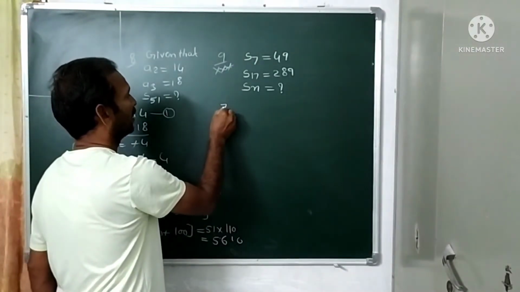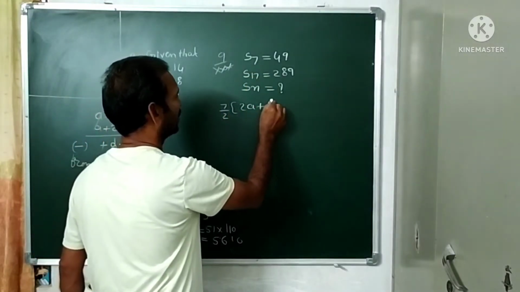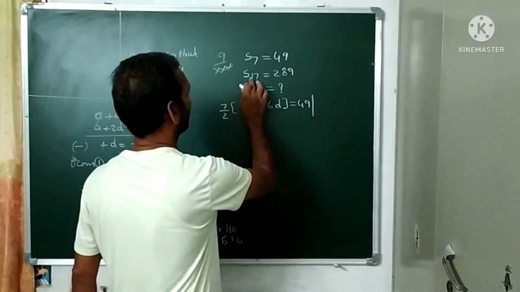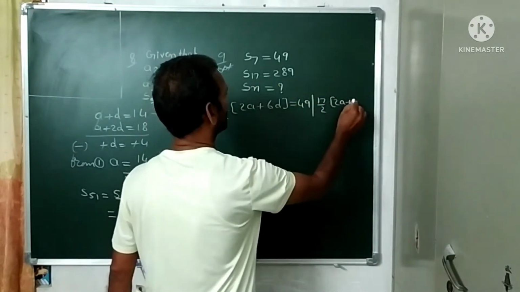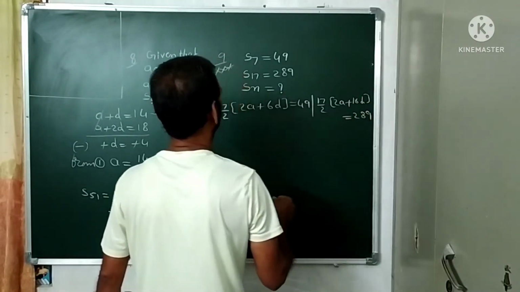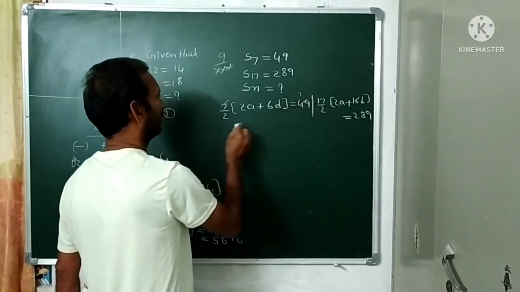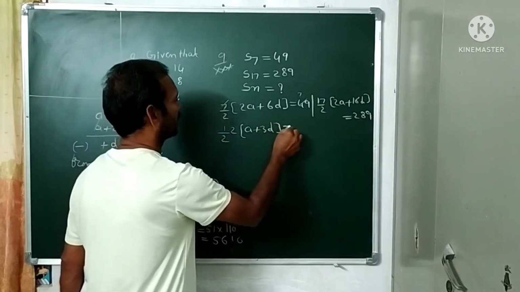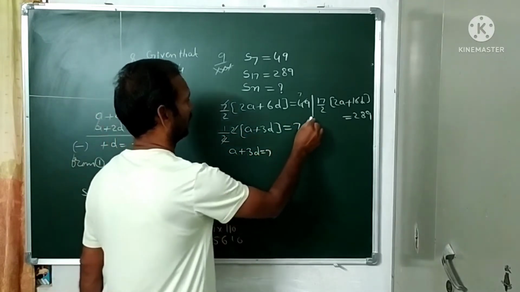S7 means 7 by 2 into 2a plus 7 minus 1, 6d equals 49. S17 means 17 by 2 into 2a plus 17 minus 1, 16d equals 289. So 7 cancels here, 7 times. 1 by 2, take 2 common, a plus 3d equals 7.